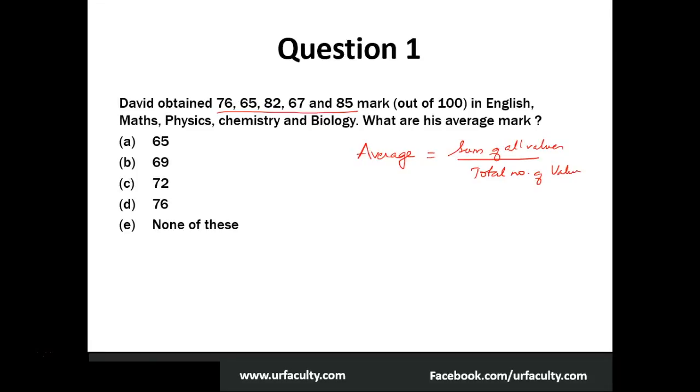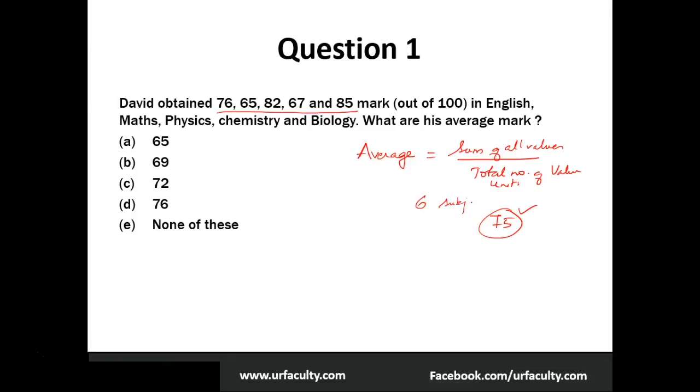So this is the number of units, and this is the sum of all the units. Now, what does an average mean? Let's say my average marks is 75. The other way to look at it is I scored 75 in all the 6 subjects, and that is why my average is 75.